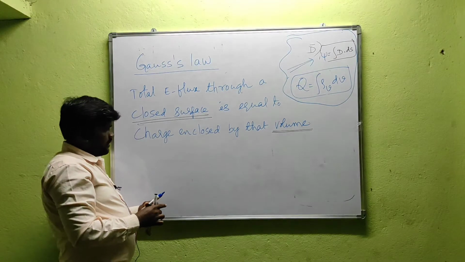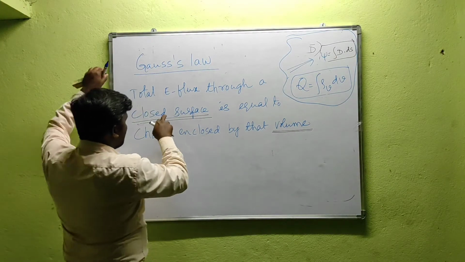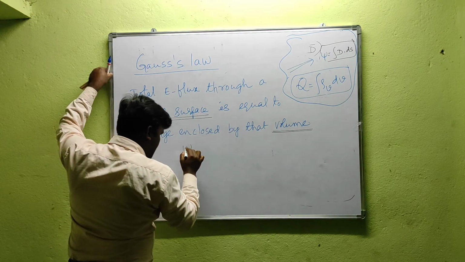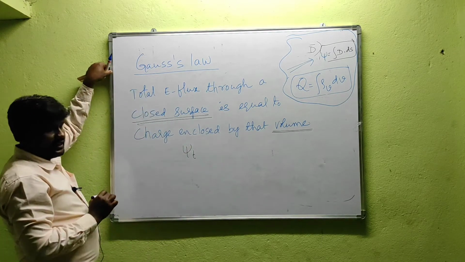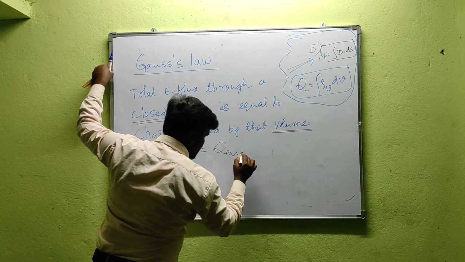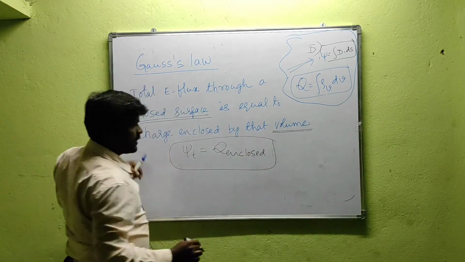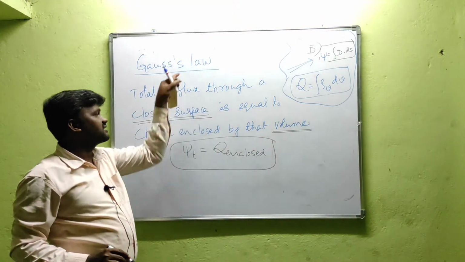Now, total flux through a closed surface, that is psi t, is equal to the charge enclosed by that volume, Q enclosed. Mathematically we can write Gauss law like this.